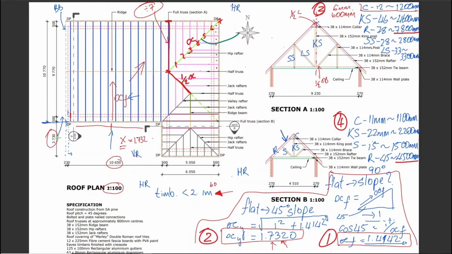There's one thing I think I should mention before we move on to covering and stuff like that. I see there's a ridge beam, and this is actually the first time I noticed it. I did not see it earlier. Let's just take a look at this ridge beam here.